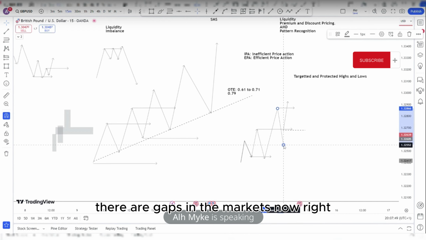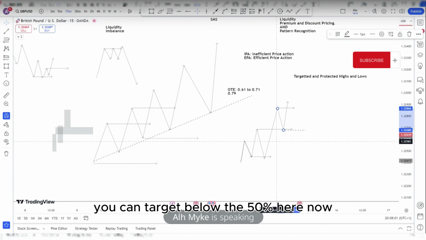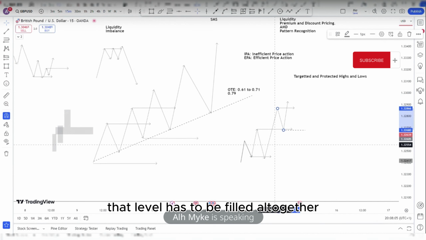there are gaps in the market now, right? The price is not efficient enough. Price has to come back and fill it. Now, in a scenario whereby you get the short from somewhere up here, you can target below the 50% here, because you know that that level has to be filled. Are we together?